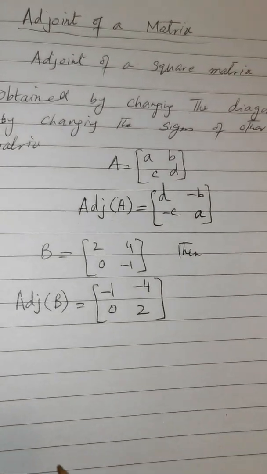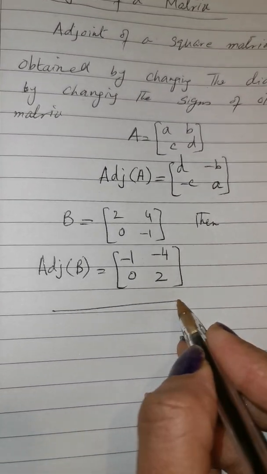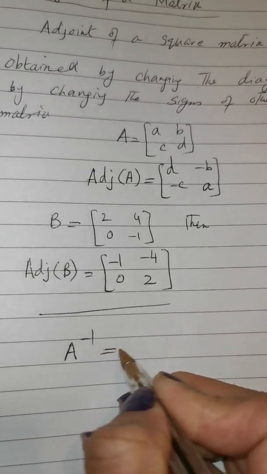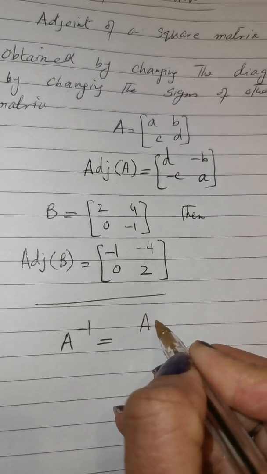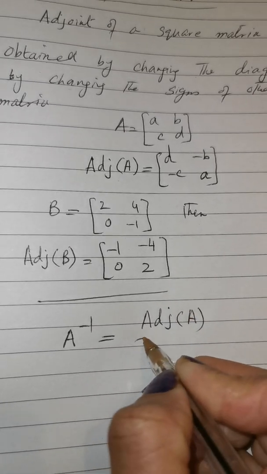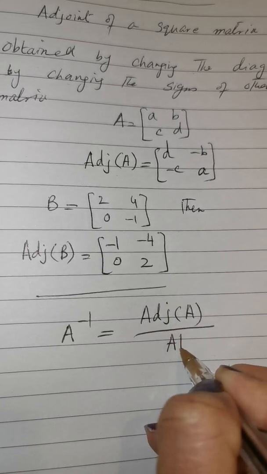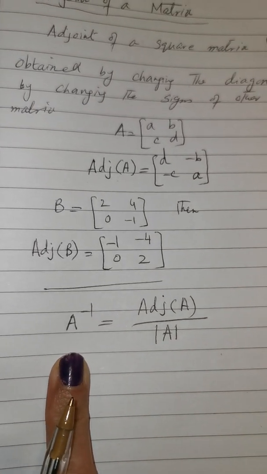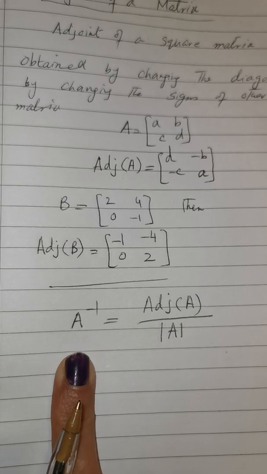And when you have found the adjoint of a matrix, if you have to find the inverse of the matrix, then the formula of the inverse is the adjoint of A divided by modulus of A. It will give you the value of A inverse, right?